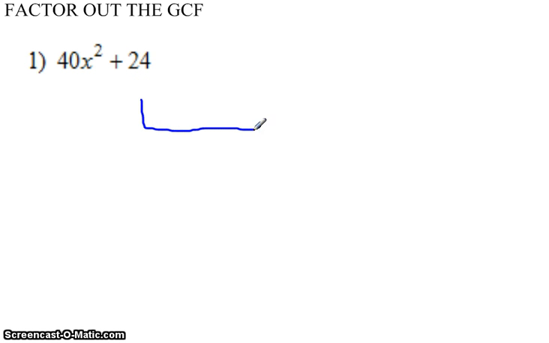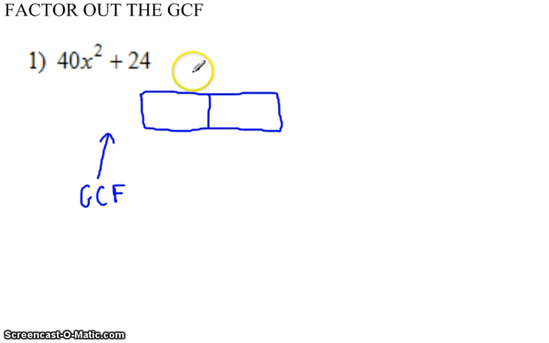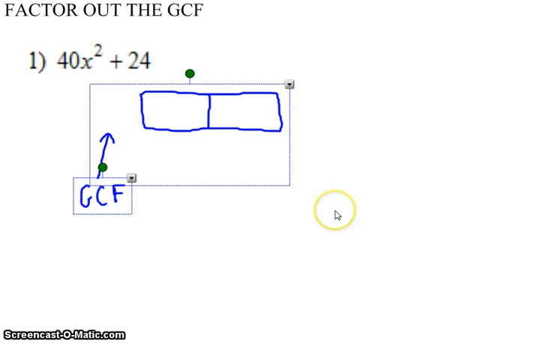So when I make my box, my window here, I'm going to make a small window. Since there are two terms, I'm going to make this have two parts here. And what I want to find and put on this side is the GCF. And then what goes up here is going to be what's left over. I'm actually just going to move this down a second. I'm going to give myself a little bit more room.